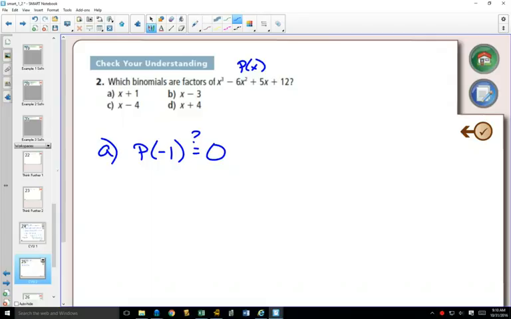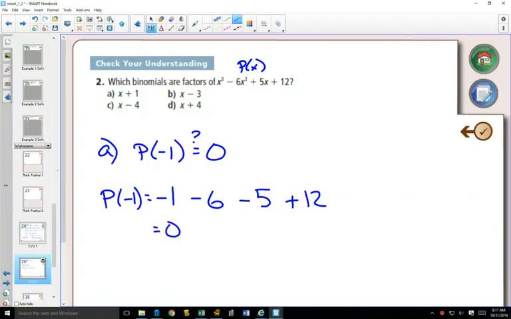So we plug in negative 1. What happens to a negative 1 when it gets cubed? It's going to stay negative, right? And what's going to happen when a negative gets squared? That one becomes positive, so that sign won't change. The next one will change. So P of negative 1 will equal negative 1 minus 6 minus 5 plus 12.